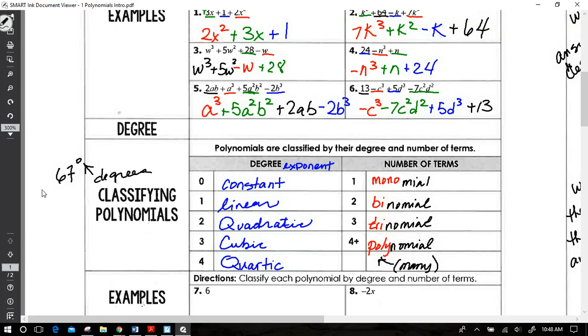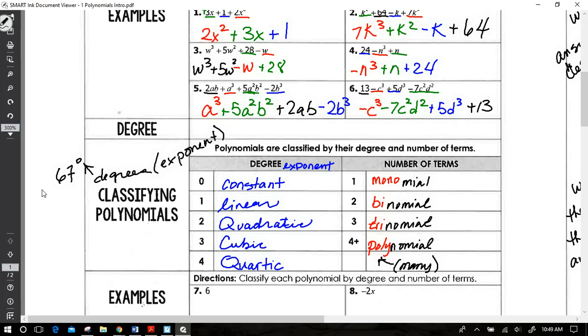So when we're referring to what degree a polynomial is, we're going to be looking at what exponent they have up in that same little corner where the degree symbol would go. Okay, so that's a good way to help you remember the degree of a polynomial. And then the number of terms that they have.